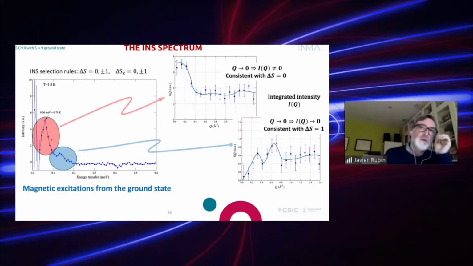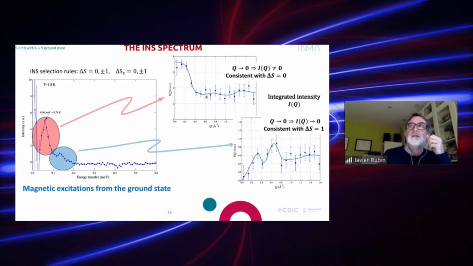In order to identify them as magnetic excitations from the ground state, and having in mind the inelastic neutron scattering selection rule of change in spin 0 plus minus 1 and change in the Z component of the spin 0 plus minus 1, we can use this integrated intensity and energy for a particular value of the momentum transfer, and what we get is this dependence.